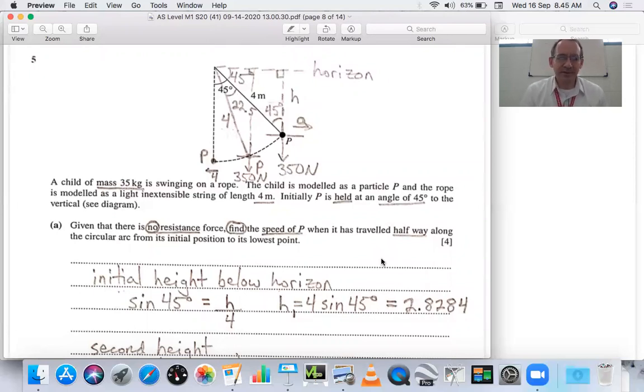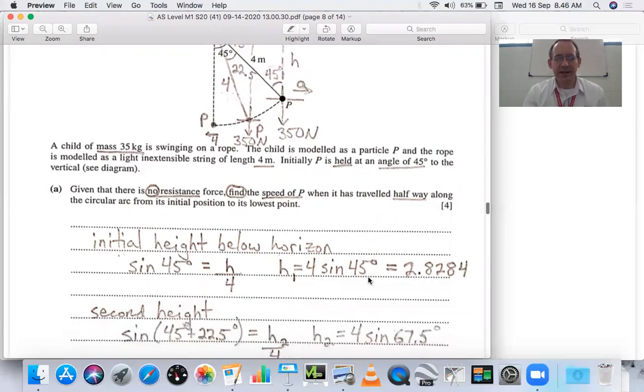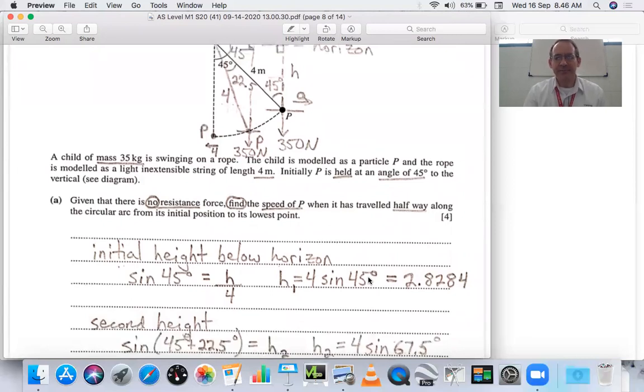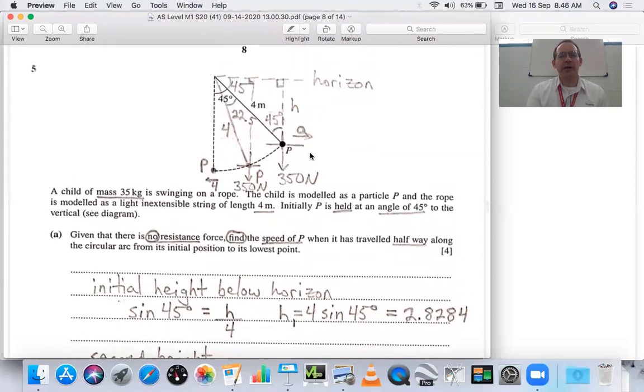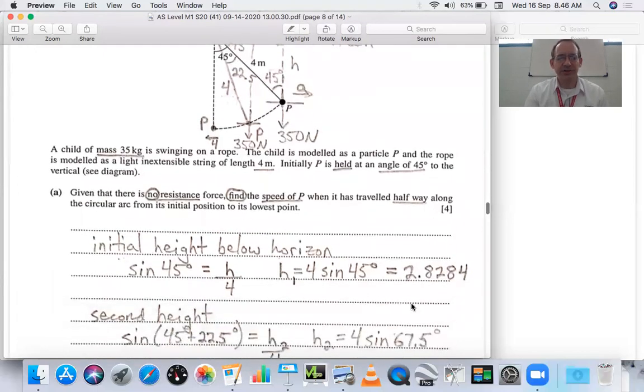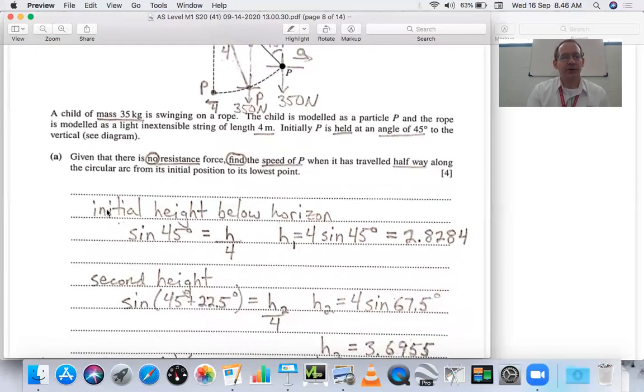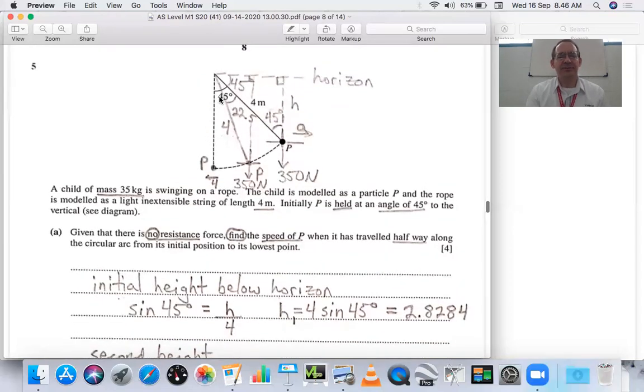So what that leaves us with is to use an energy type of equation. We can figure out height and use potential energy. If we find our initial height below the horizon, notice if it's 45 here, it's also 45 over here.